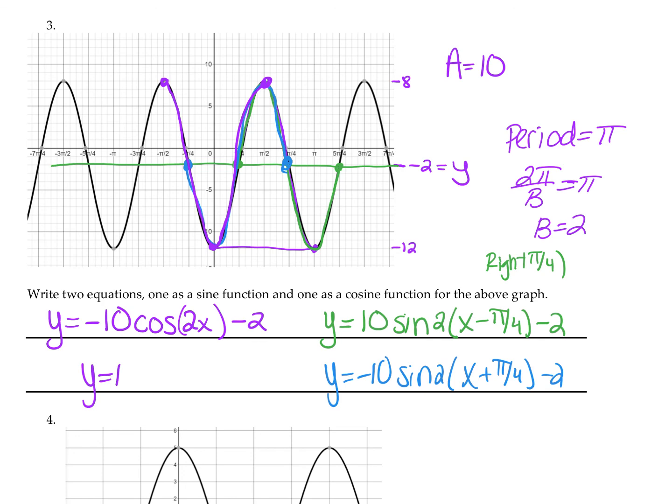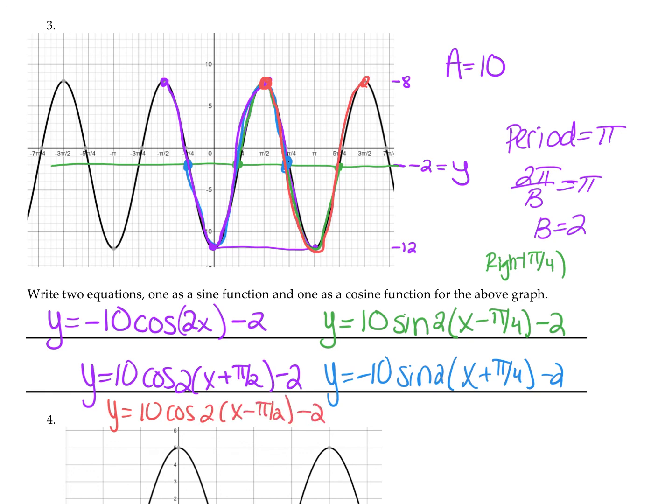That would have been 10 cosine of 2 times x plus pi over 2, minus 2. Could have also started the cosine function here and ended it here. That would have been 10 cosine of 2 times x minus pi over 2, minus 2. We only had to write 2, but I just want to demonstrate that there's lots of different ways we could write the equation of this graph.